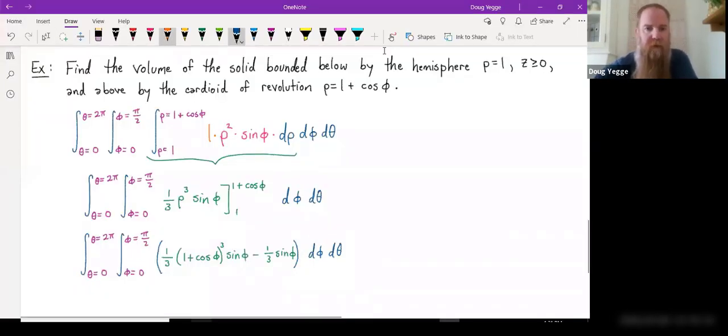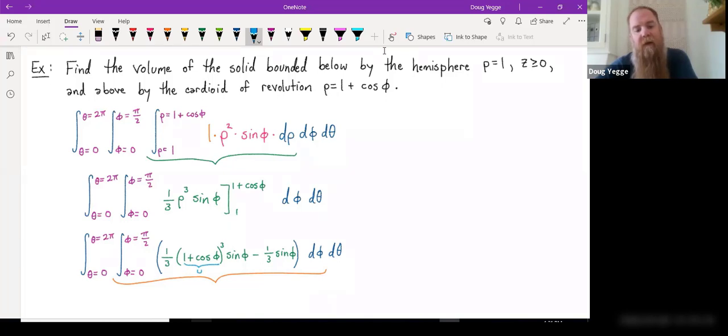Now we're going to continue with the second integral, which is now in terms of phi. So remember, phi is the variable, theta is a constant. If we integrate this with respect to phi, let's think what happens here. Let's do a little u substitution.